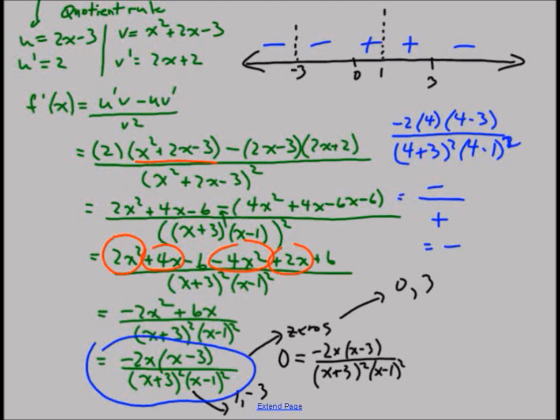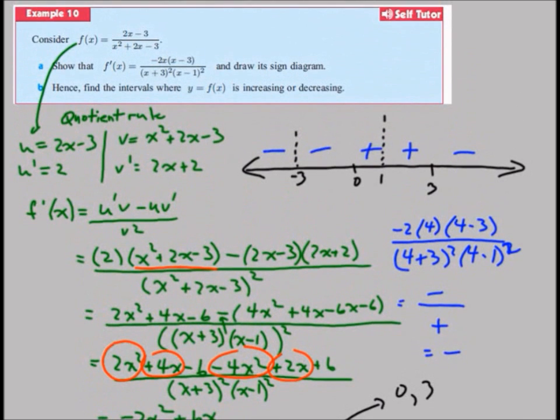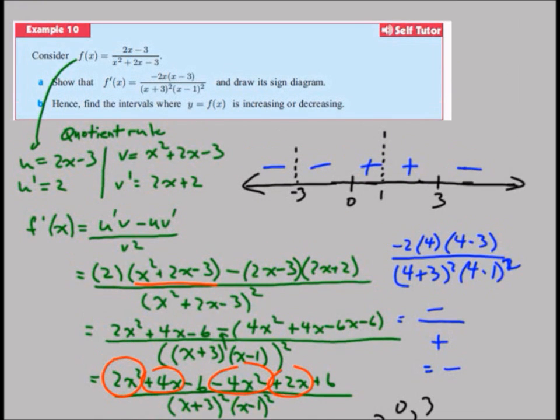Okay, check and see if we've answered the question. Find the intervals where the function is increasing or decreasing, the original function. When we're answering this question, which intervals are increasing and decreasing, if we have asymptotes here, we need to be careful because the asymptotes are not part of the domain. So keep that in mind. The asymptotes are not part of the domain.